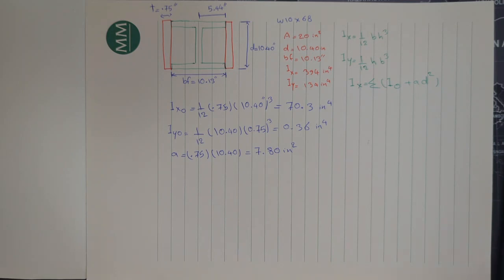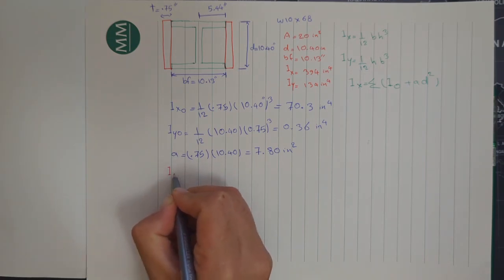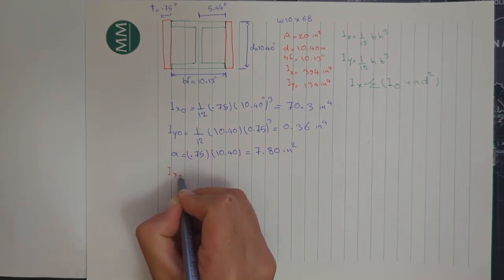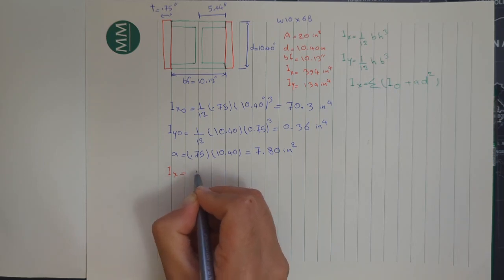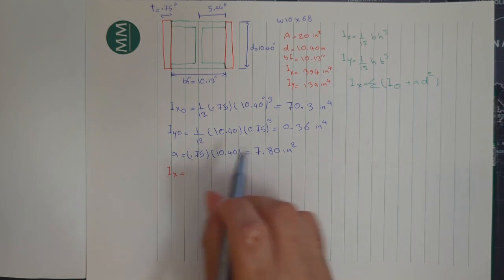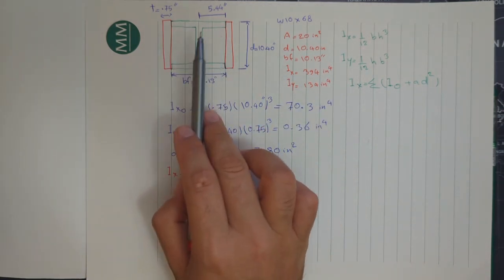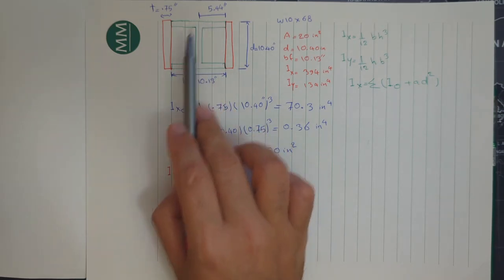So let's write it down. My Ix equals, what was the Ix for each plate and what was the Ix for the beam?